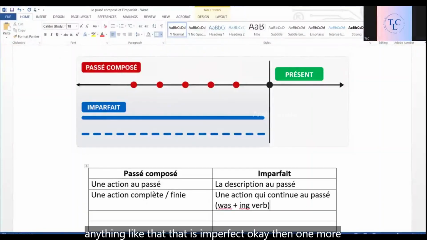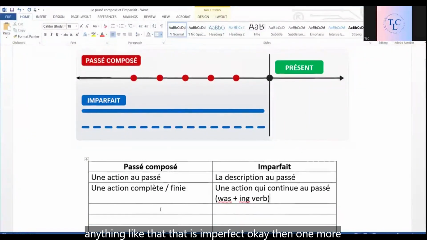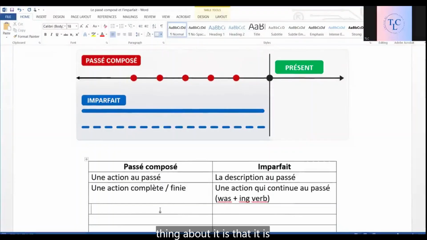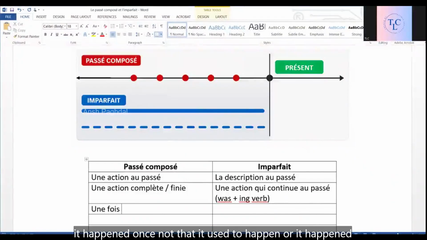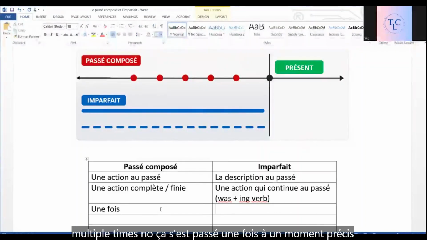That is imperfect. Then one more thing is that passé composé is une action qui s'est passée une fois. It happened once. Not that it used to happen or it happened multiple times. Non, ça s'est passé une fois.